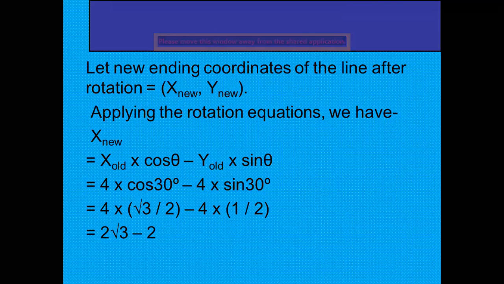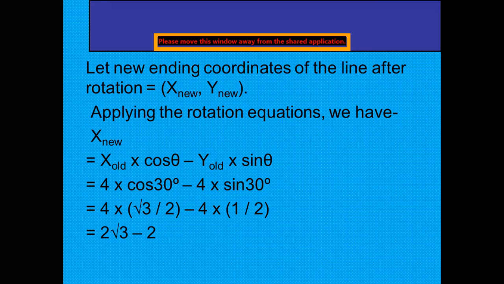Now we want to calculate the new coordinates of the line after rotation. We are going to calculate the value of the coordinates after the rotation, so we will indicate them by x new, y new.